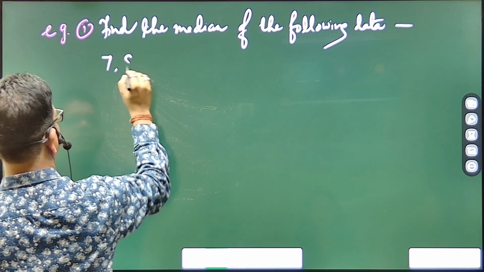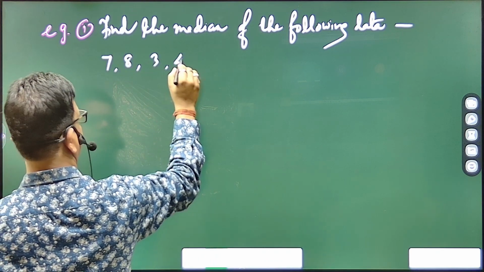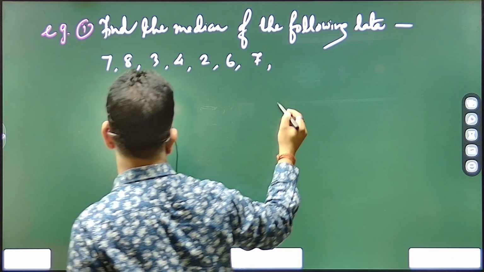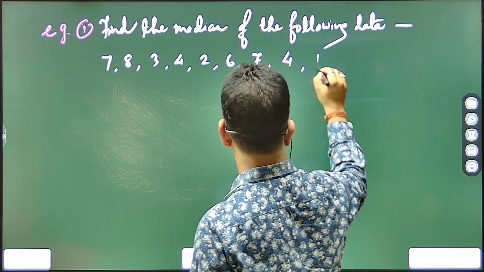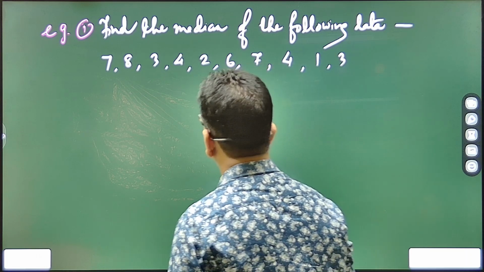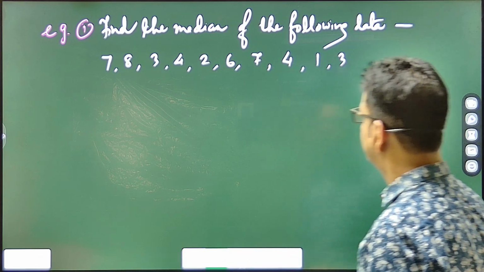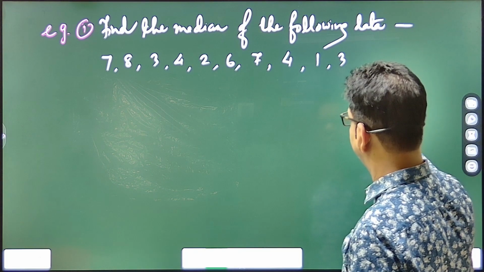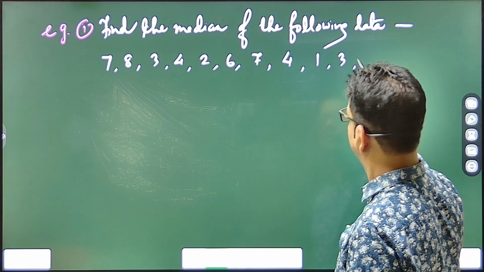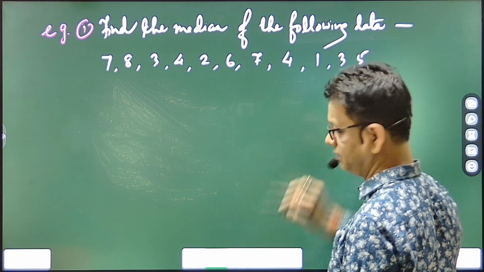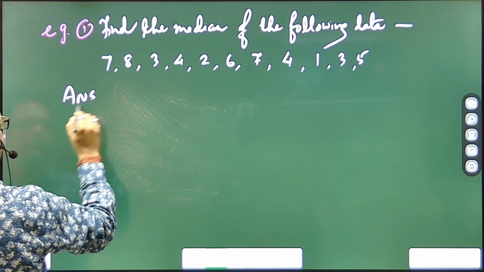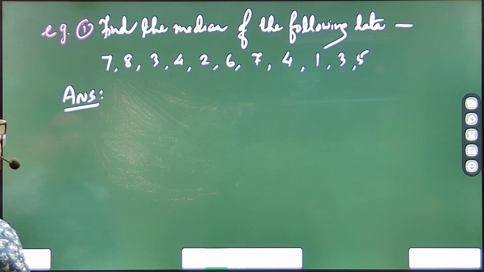Like in the very easy numbers, I'm going to start with 3, 4, 2, suppose 6, 7, 4, 1, 3, suppose one more, 5. The question is how to find a median for these ungrouped data. Getting it?